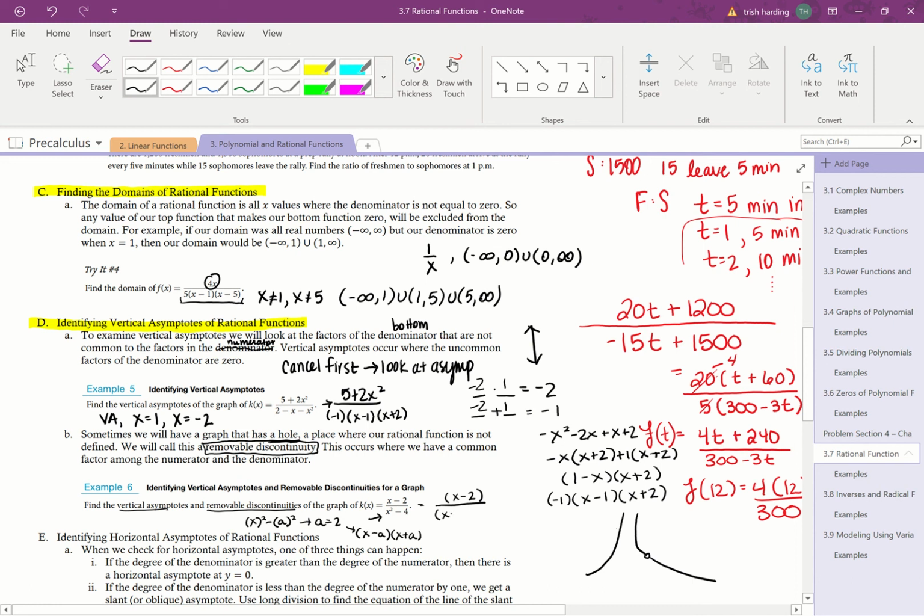So we get x minus 2, x plus 2. So notice that these guys are a removable discontinuity, and this is a vertical asymptote. So the vertical asymptote is where x equals negative 2, and the removable discontinuity is at x equals 2.